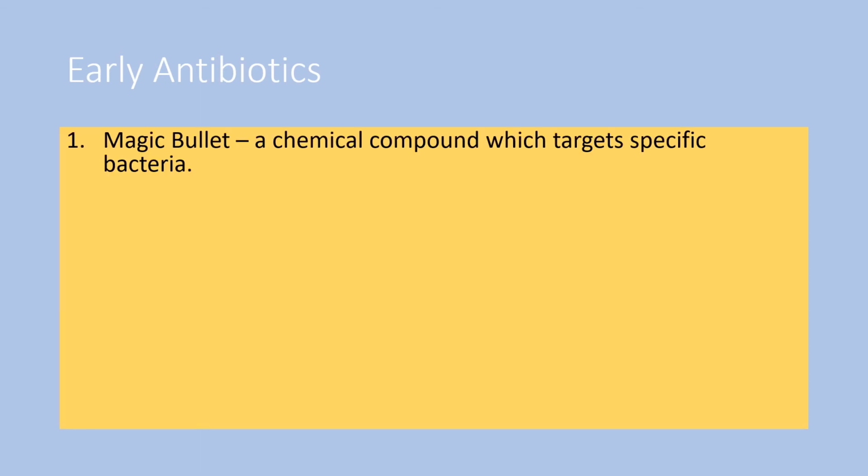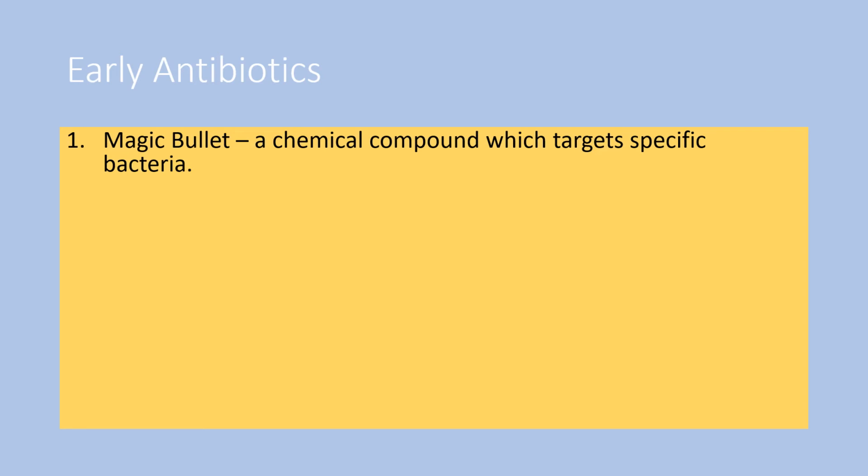A lot of people believe that penicillin is the first antibiotic in the world. It's not. It is the first antibiotic that can be used for more than one illness, is what I would say. The earlier evidence surrounding antibiotics are about these things called magic bullets.